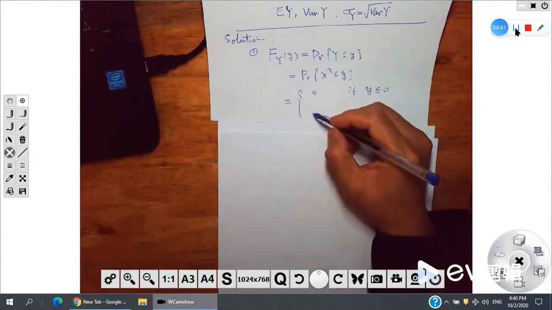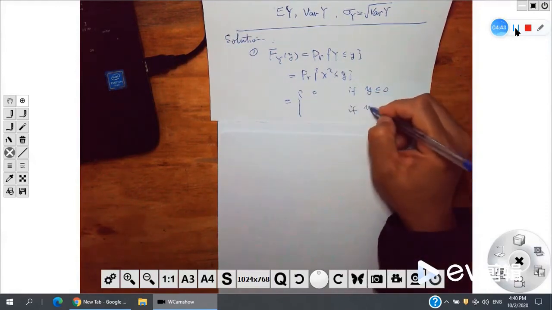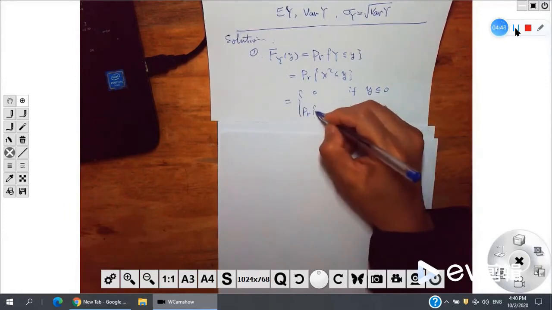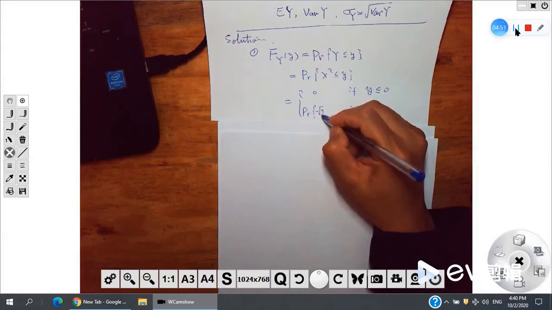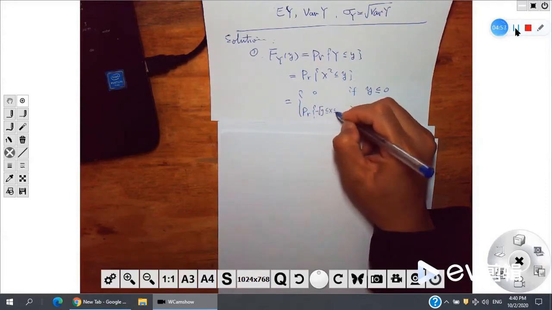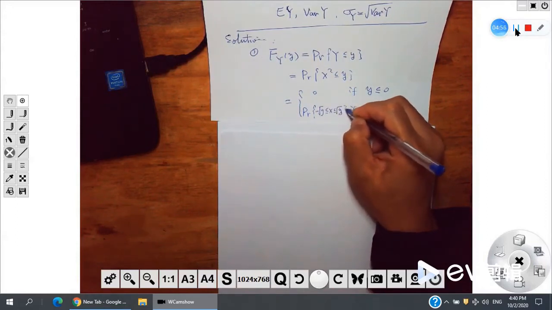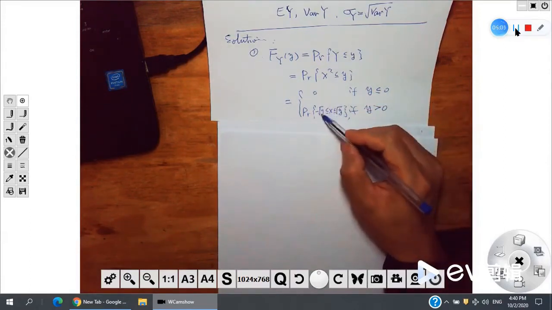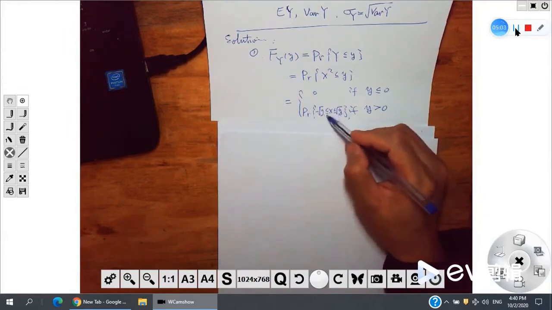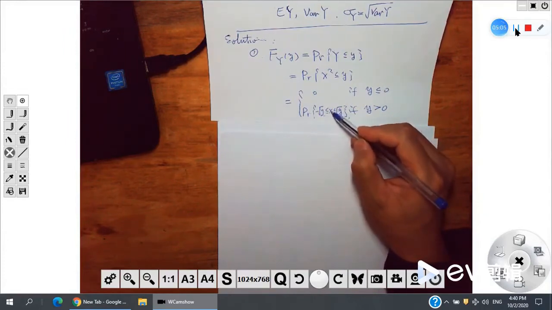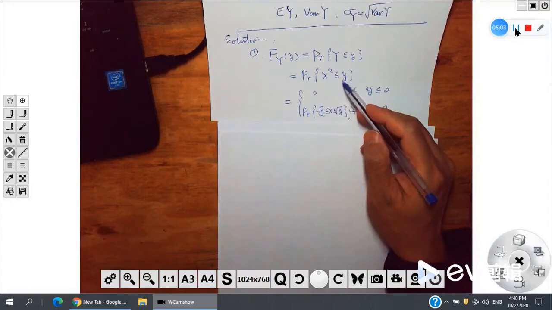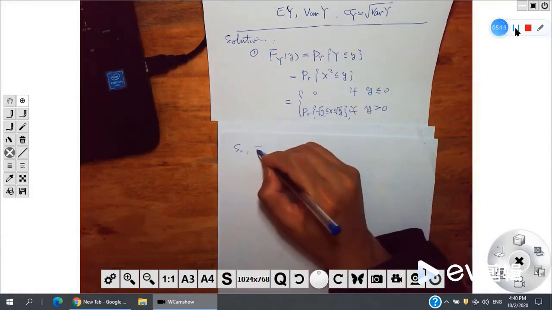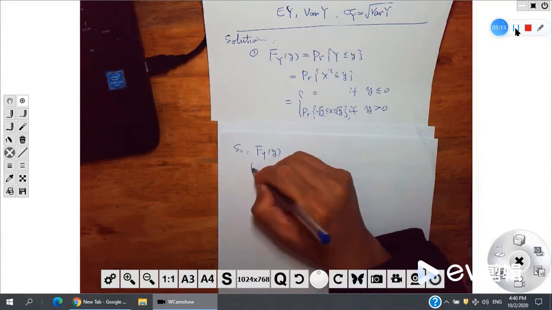And the second case, now if y is a positive value, then this is the probability of negative square root of y smaller than X smaller than square root of y. If X is a value between negative and positive square root of y, then X squared is smaller than y. Then we do the calculation. So I write this way, y positive.